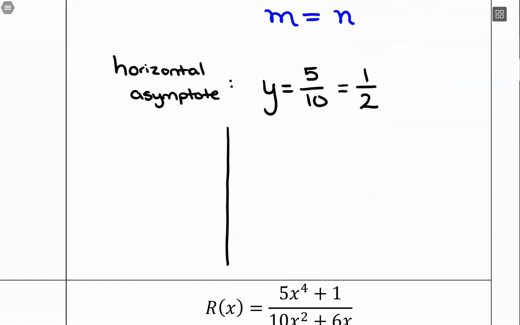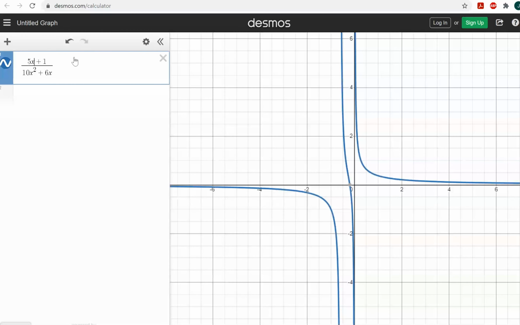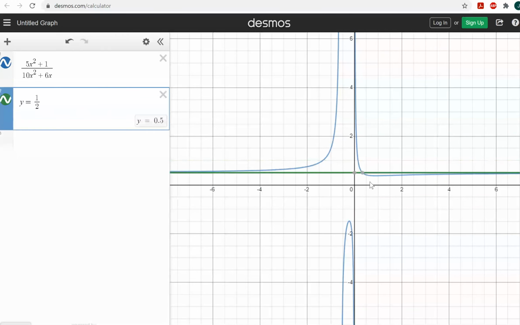So again, I'm just going to make a sketch so that we have a visual to refer back to. I can imagine if I set up a scale of 1, 2, we're going to have this horizontal line at 1/2 that we're approaching in the long run of our graph. So if I change this to 5x squared, here I have my graph, and if it even helps, you can always graph your horizontal line, y = 1/2.